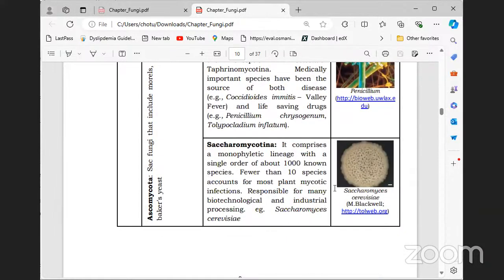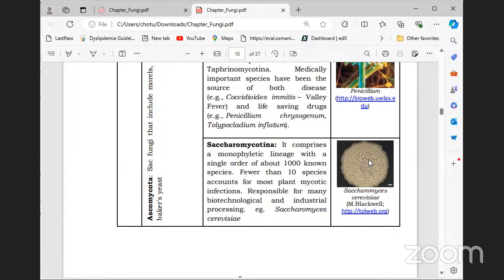Last one, Saccharomycotina: Saccharomyces, yeast, the baker's yeast. This comprises a monophyletic lineage with a single order, with 1,000 known species present. Here, 10 species account for most mycotic infections, and are responsible for many biotechnological and industrial processes.